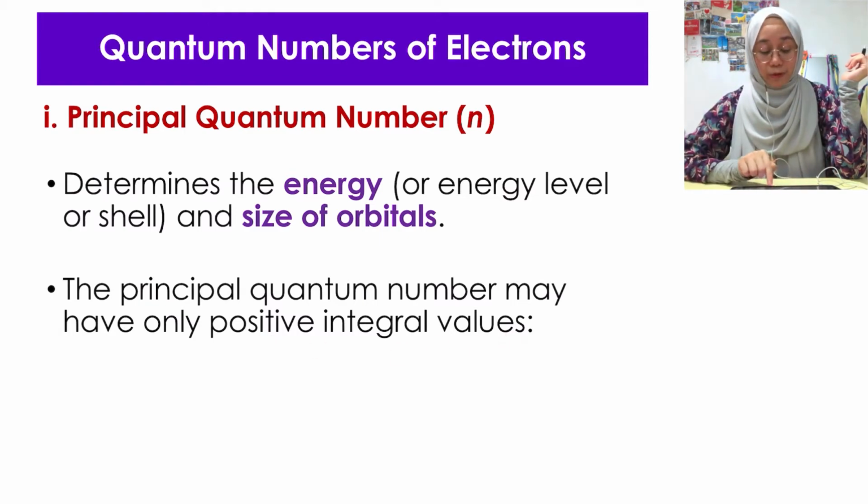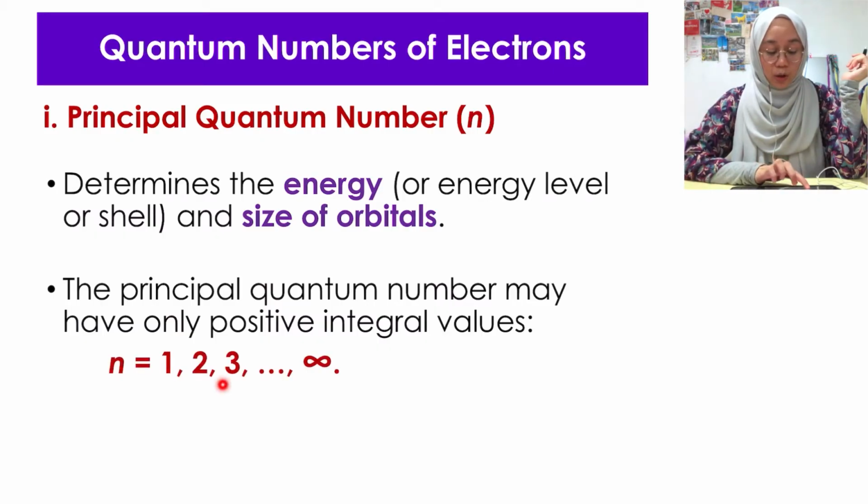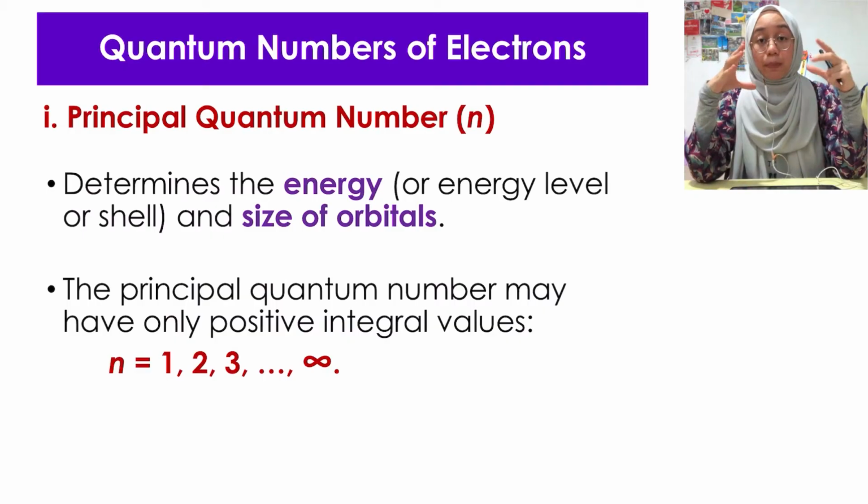It starts with 1, and then 2, 3 sampailah infinity. So paling kecil value adalah 1 lah, n equals to 1. Dia boleh jadi n equals to 2, n equals to 3. So basically itu adalah number of shell dia lah.